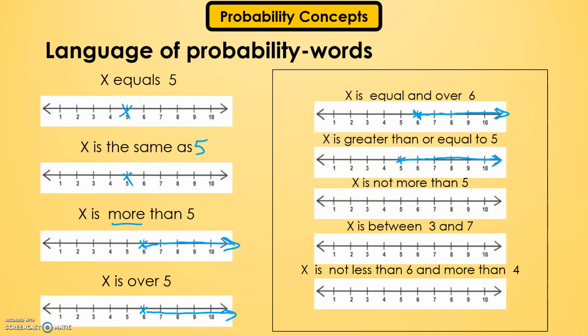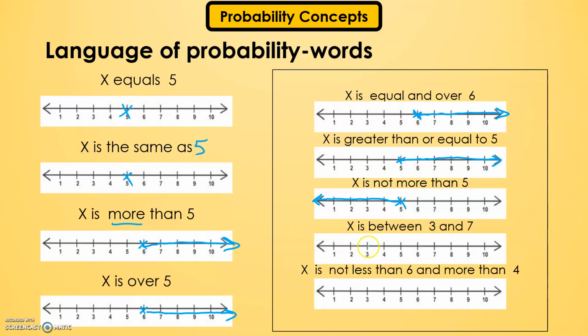X is not more than 5. So that one's a little bit confusing, but we can start on 5. We actually shade in the values that are less because they're the values that are not more than 5. I've included 5 there because 5 is not more than 5, it's 5.